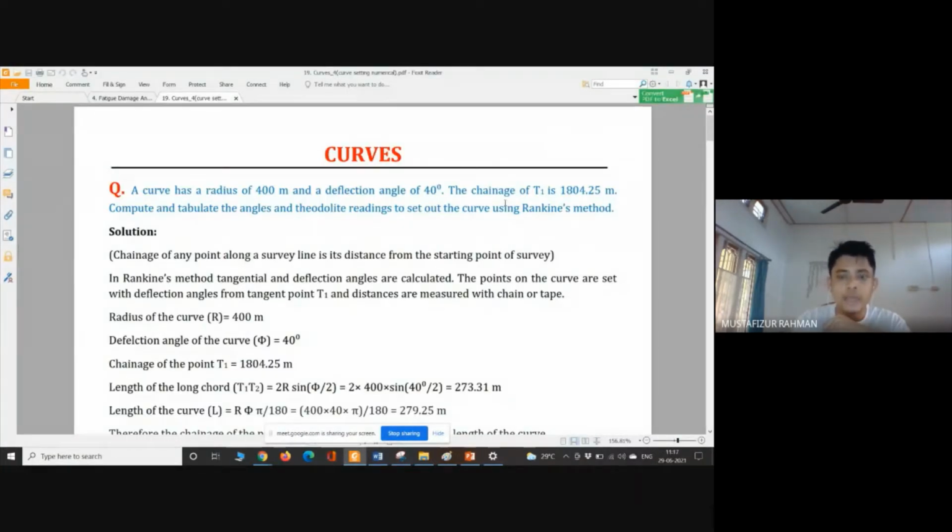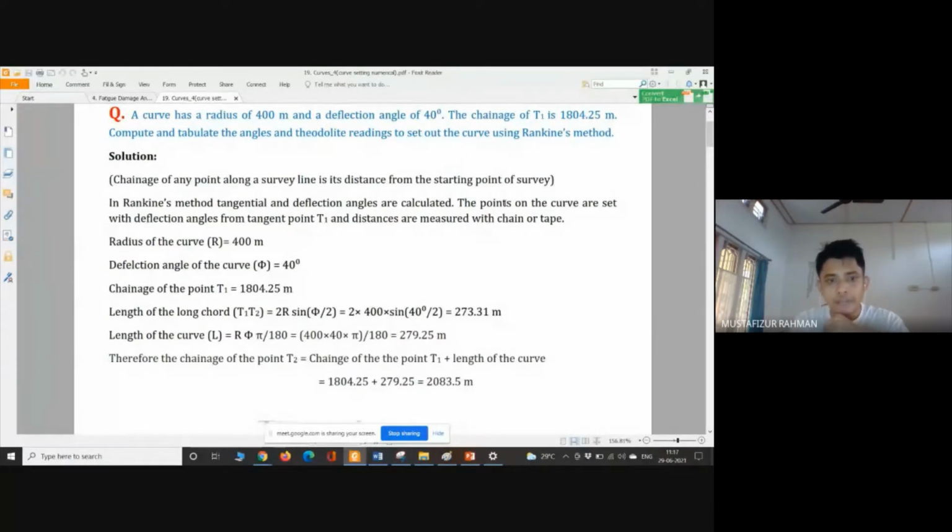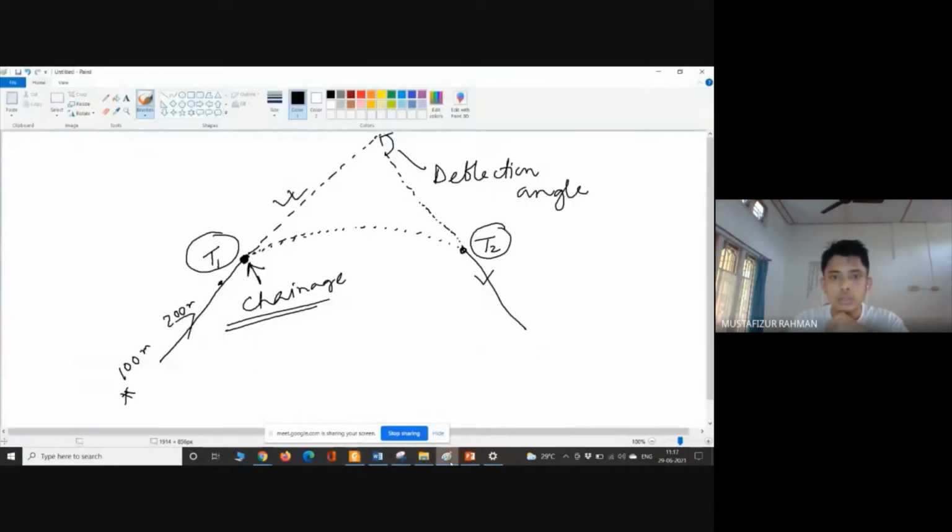So from here, we have to find out the different angles that are going to be there in our curves and different points. So we have formulas to find out the length of the long chord, the length of the curve. Now, what is the long chord? So we have a formula based on this radius of the curve, because radius of the curve is what?